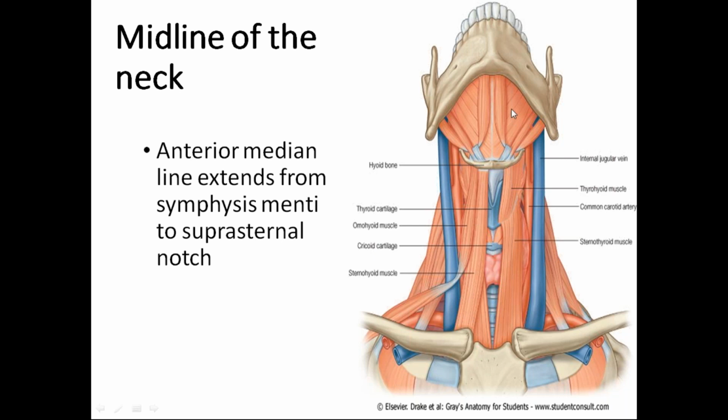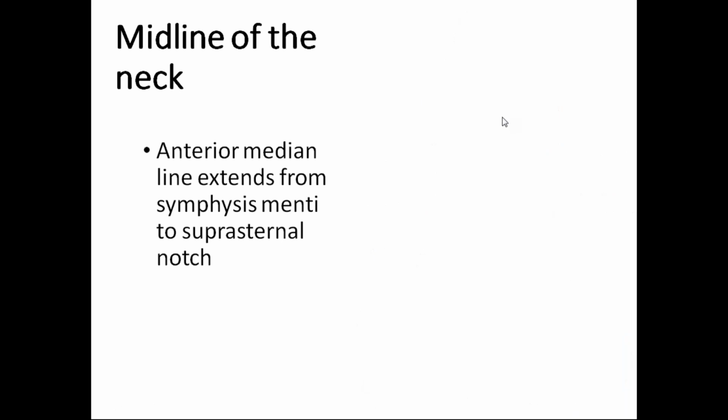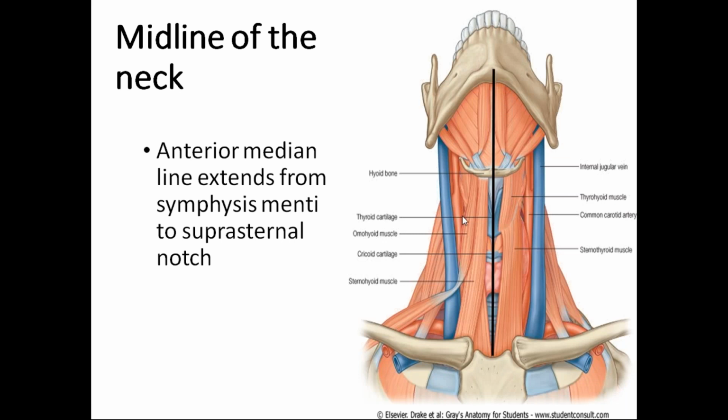Before that, you know this anterior median line extends from the symphysis menti to the suprasternal notch. This is the symphysis menti and here is the suprasternal notch, and these are the medial ends of the clavicle. In between the line you can see the hyoid bone.